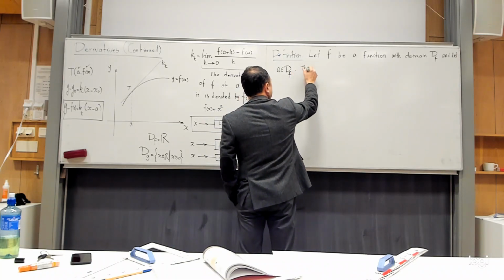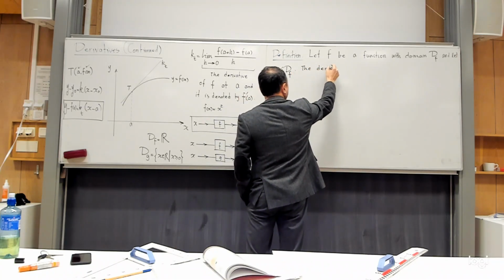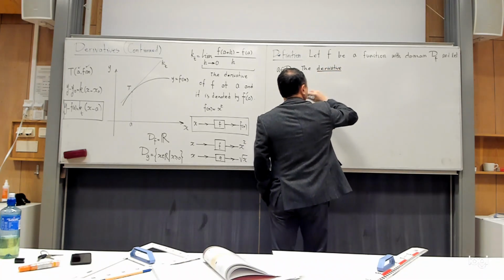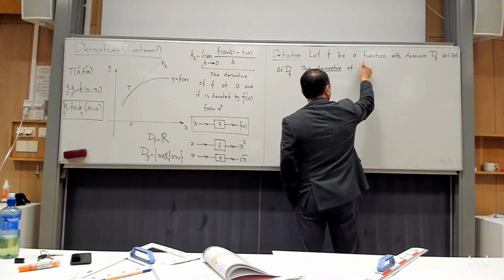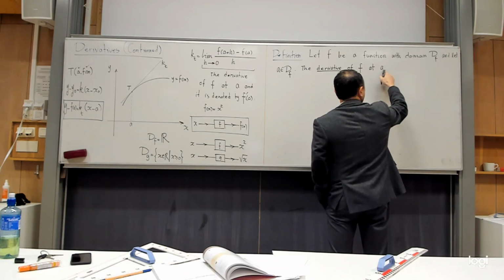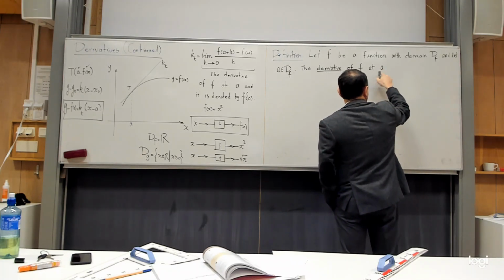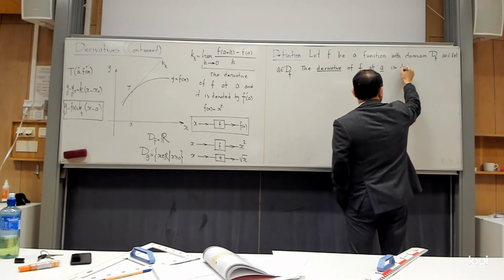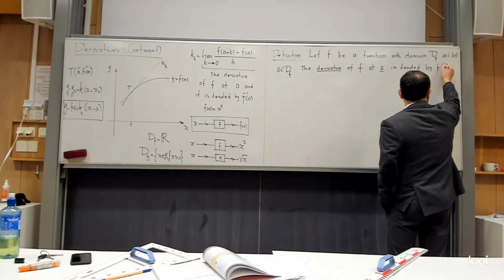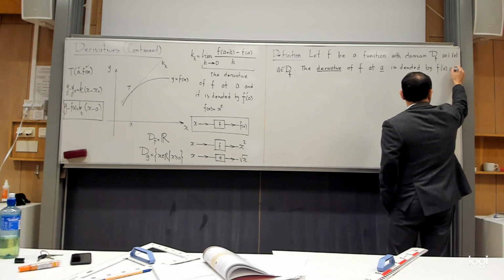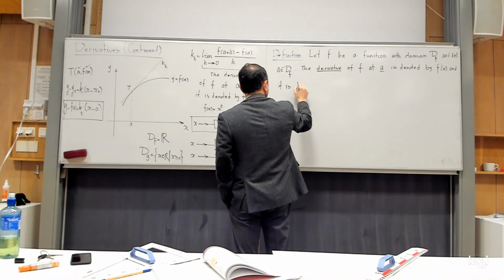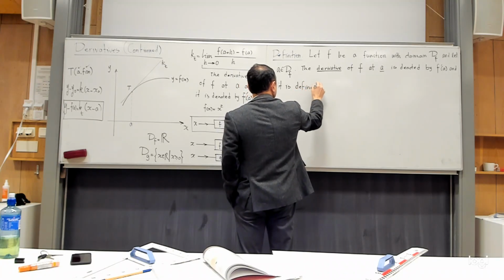The derivative, this is the word we are going to define, the derivative of f at a, some books write x equals a, that's also correct, is denoted by f prime of a, and it is defined as follows.